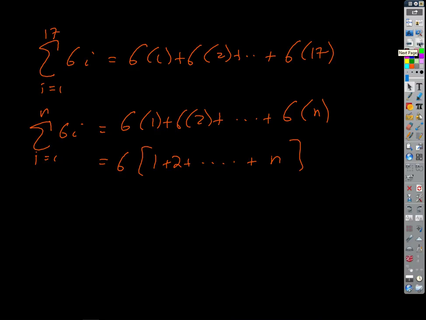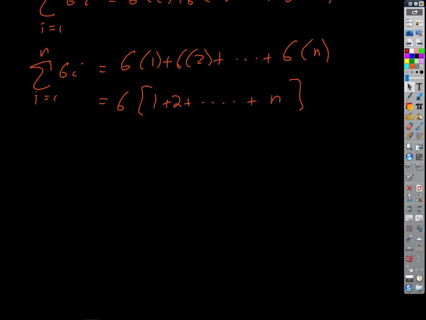We looked at this example where we had something like the sum of 6i from 1 to 17. And you guys right away told me that was 6 times 1 plus 6 times 2 plus yada, yada, yada, 6 times 17, right? If we rewrote that series, if we factored out a 6, look what we get.